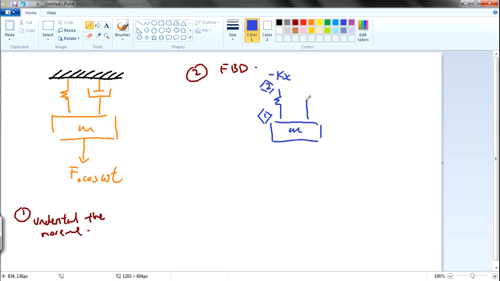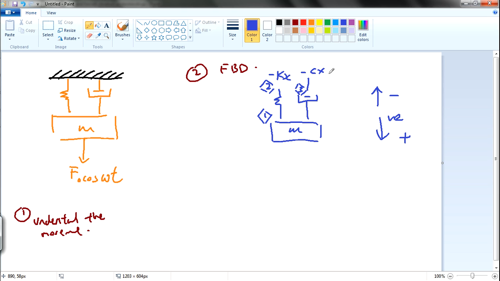And the third step is to draw the damping. The convention says that going down is plus, and going up is minus. Therefore, we have minus kx and minus cx dot.